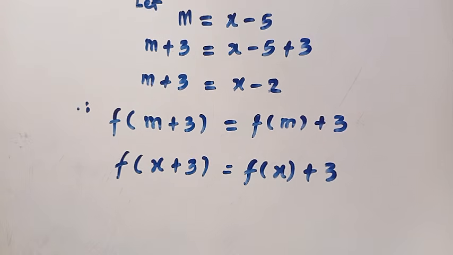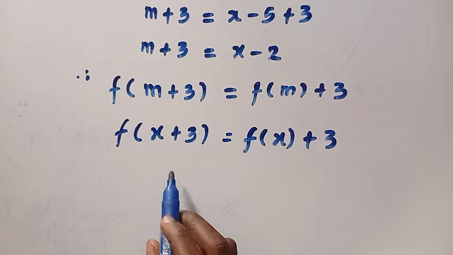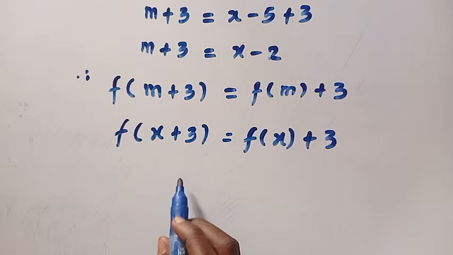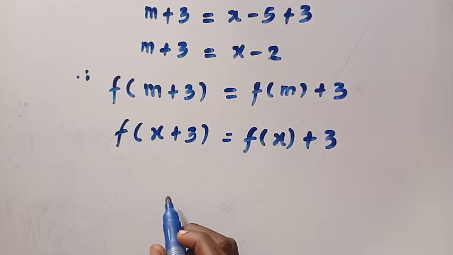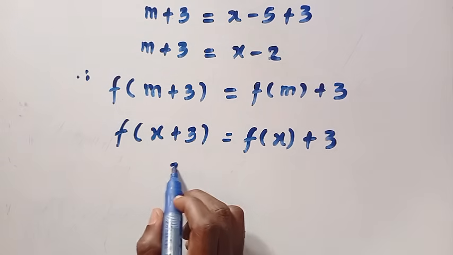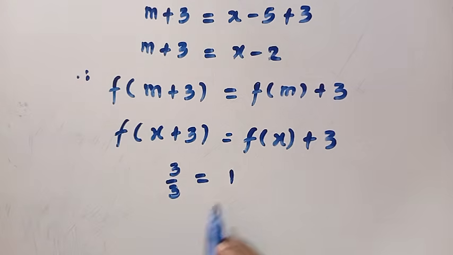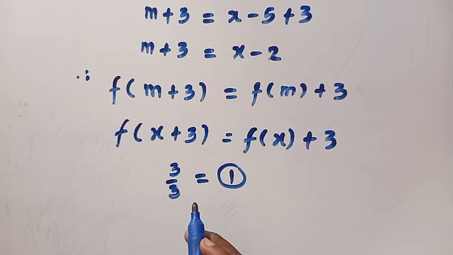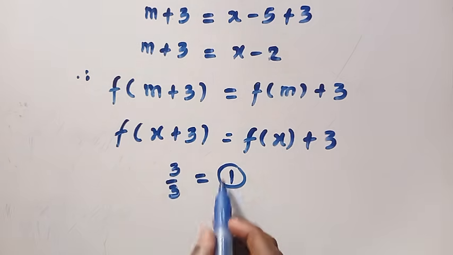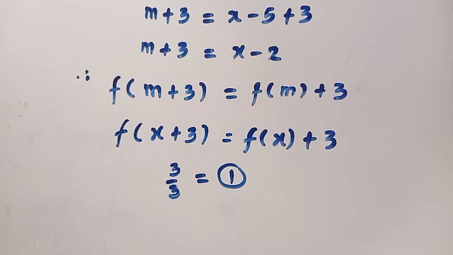As far as we have something like this, we are going to look at the slope of this function. We are expecting 3 divided by 3, which equals 1. So since we have 1, the result of this function is linear. That is what we are expecting.